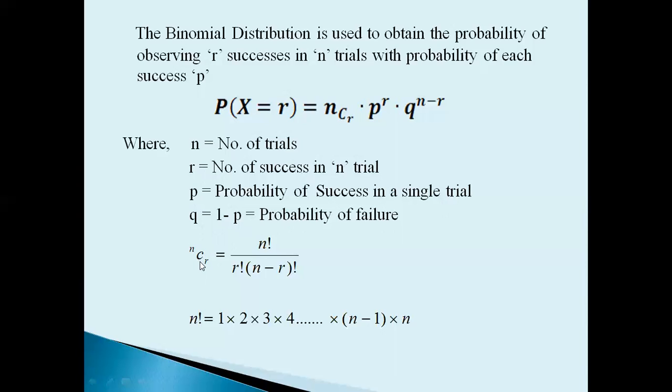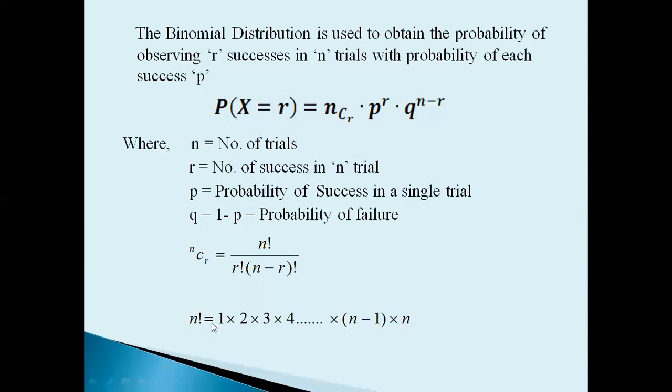nCr is called the binomial coefficient, and it is found by using this formula: n factorial upon r factorial into n minus r factorial. Here, the factorial notation means that n factorial is the product of the first n natural numbers.